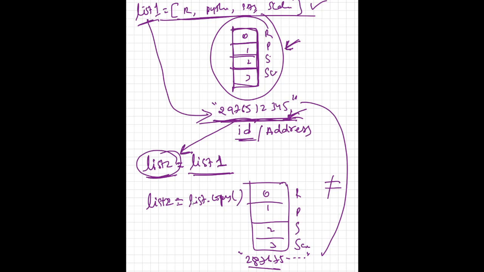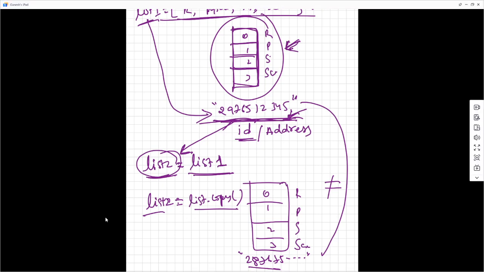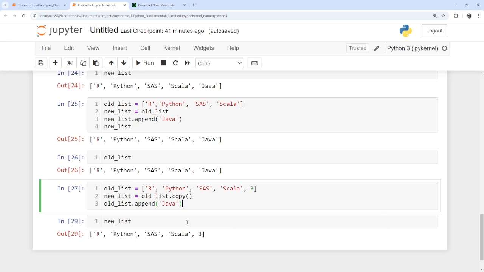That's why even if you append something here, list2 is a copy of list1, not the exact address we are copying. That's why it is not getting appended to list2. How can we verify that? Whatever concept I have explained, how can we verify that? It is very simple.